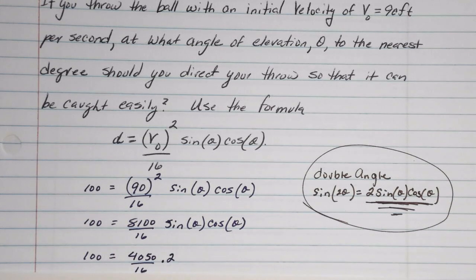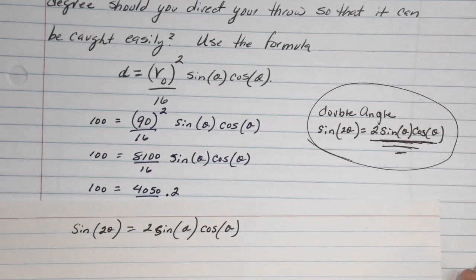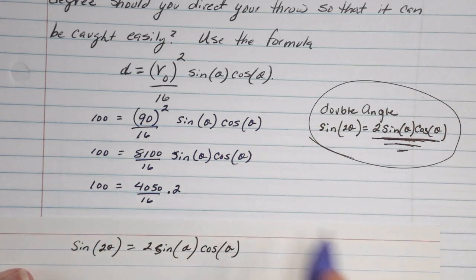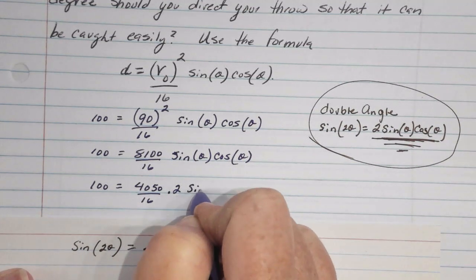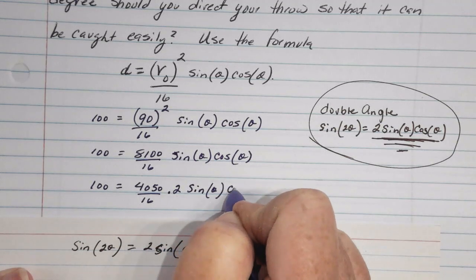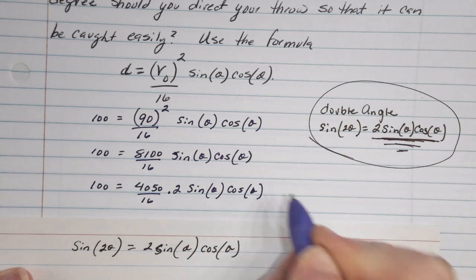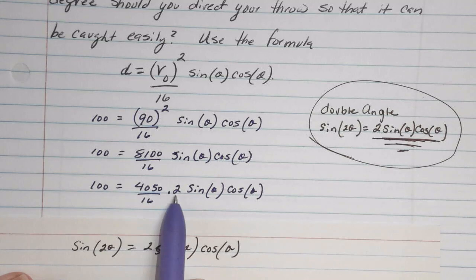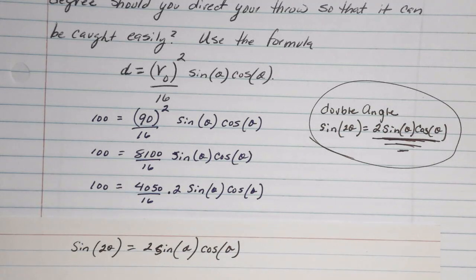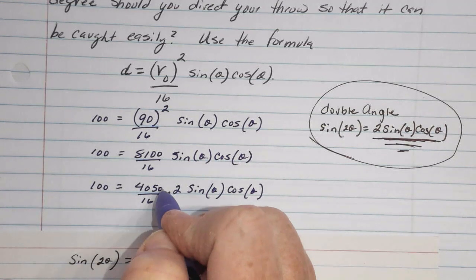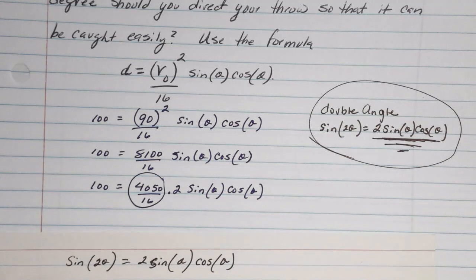And I'm going to put my multiply by 2 so it balances right there. It might take a minute to think about why that works, but all I did was factor out a 2 from the 8100. So 2 times 4050 is 8100. Okay, so now we want to move this to the other side.